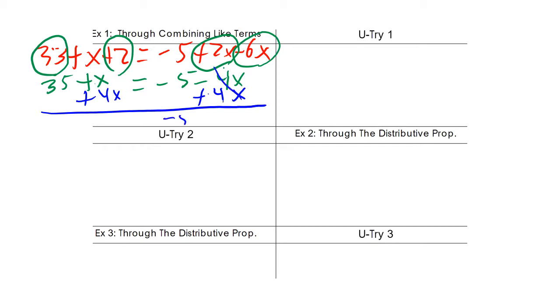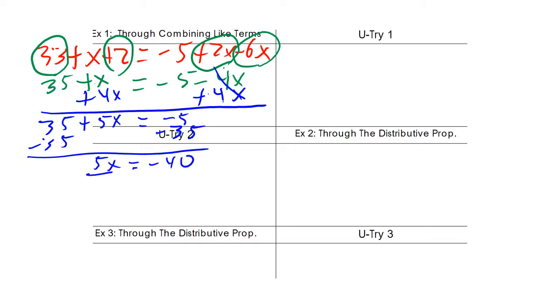These will cancel out, and I will get negative 5 equals 5x and 35 on this side. If I subtract 35 from both sides, I get 5x equals negative 40. Divide both sides by 5, and I get x equals negative 8.